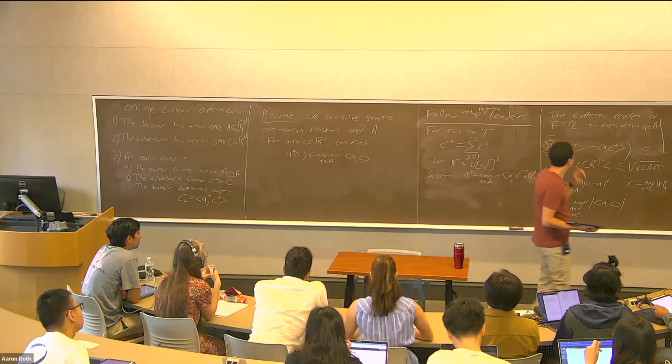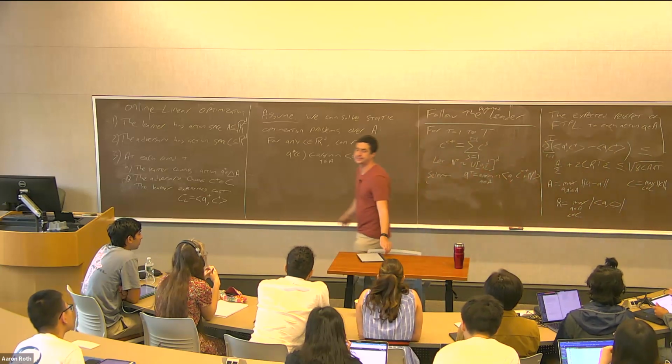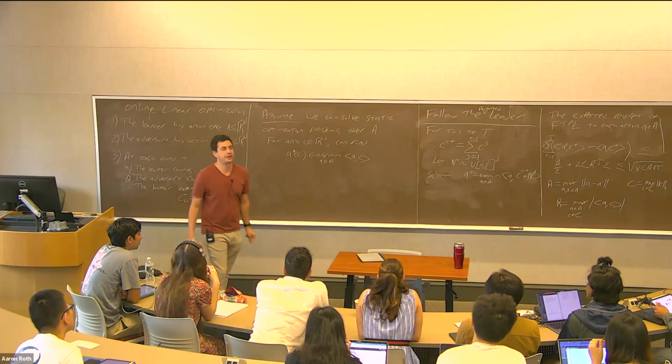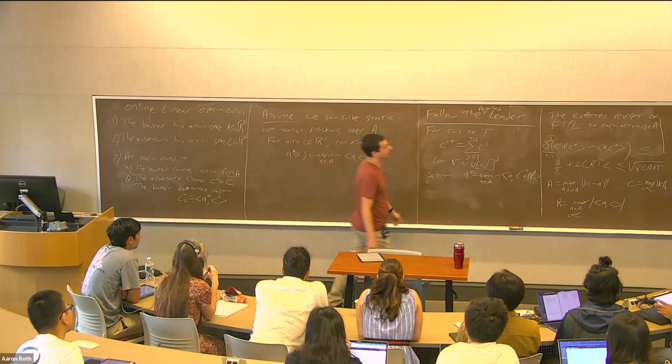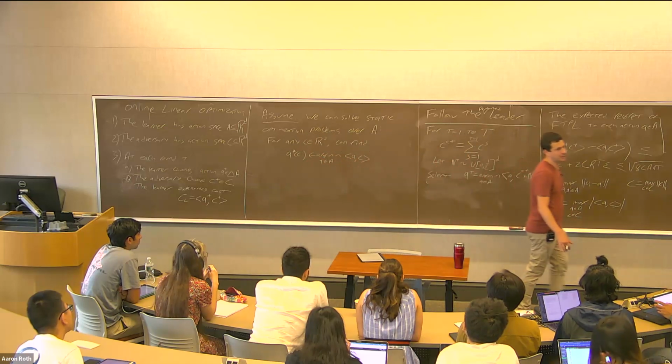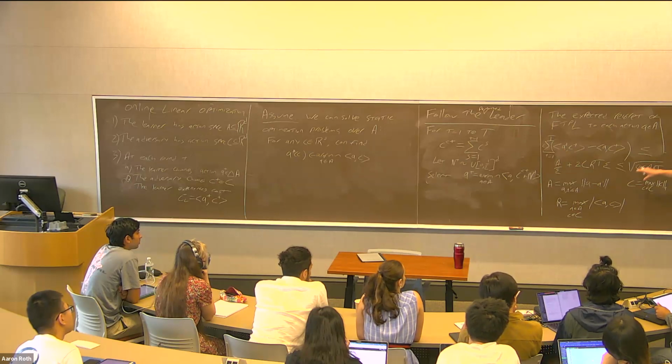The way we're going to analyze this algorithm is through a series of thought experiments. We're going to think about what would happen if we ran various impossible algorithms that we cannot run because we don't have the information to run them, that are nevertheless similar to this algorithm.